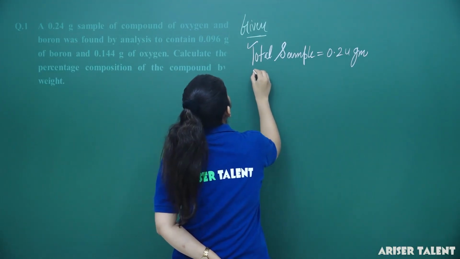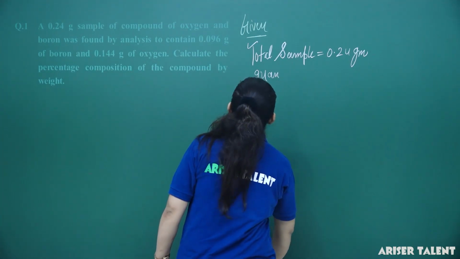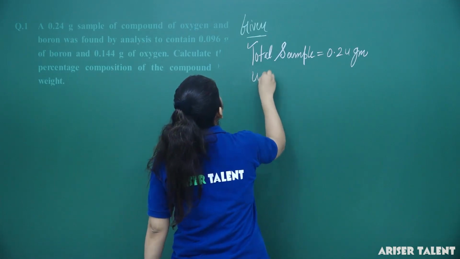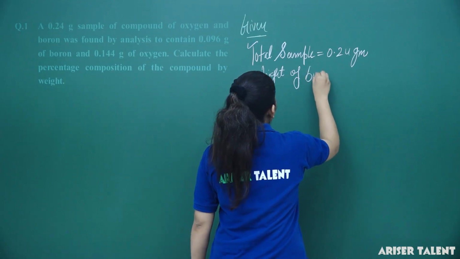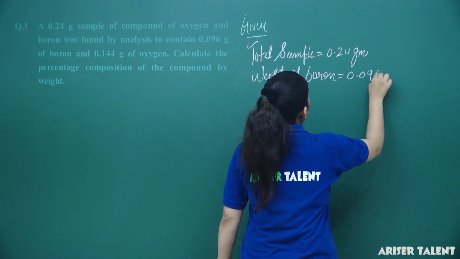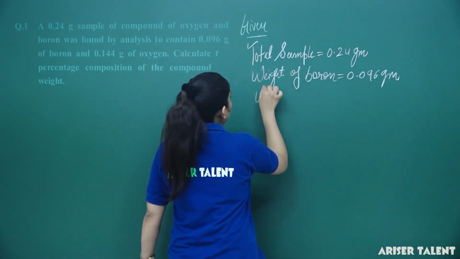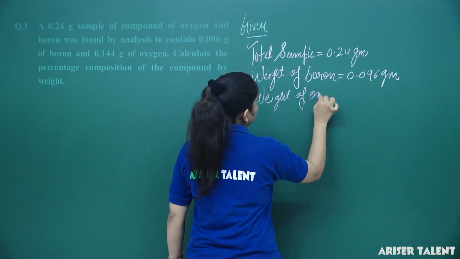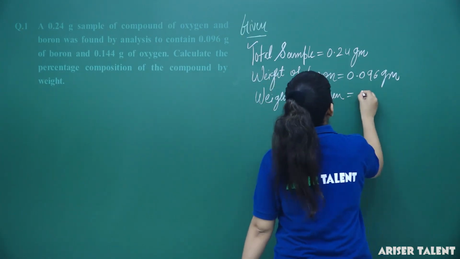Okay, so I can write here weight of boron is 0.096 gram. Okay, and weight of oxygen is 0.144 gram.